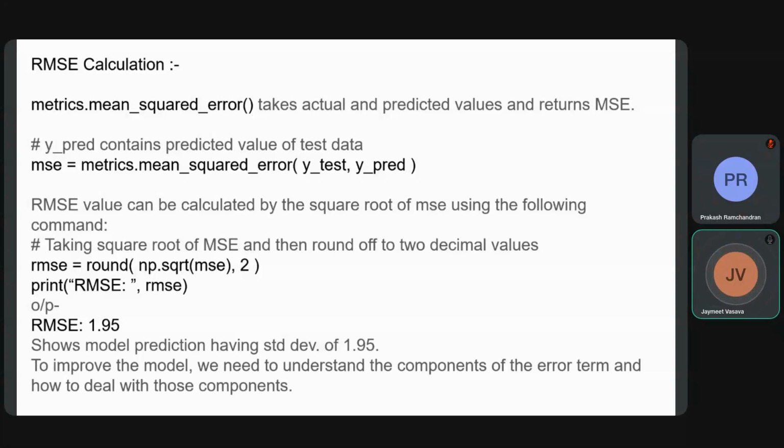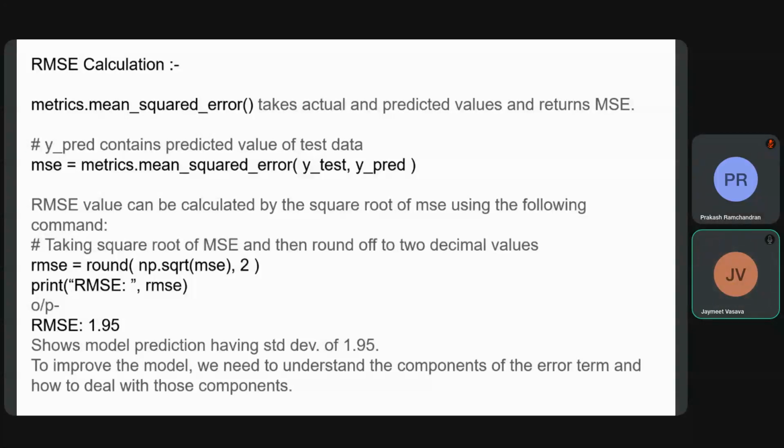We will be calculating on the test data. So we have the y test and the y predictions that were made by the model. And in the end, to calculate the root mean squared error, we use the numpy square root on the MSE value that we get, rounding it up to 2 floating points.